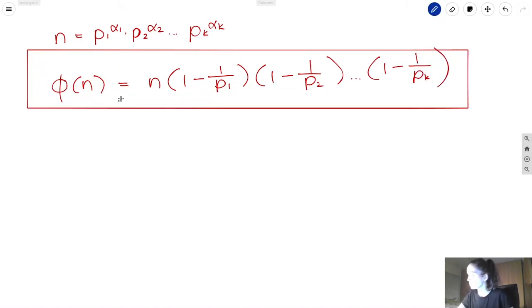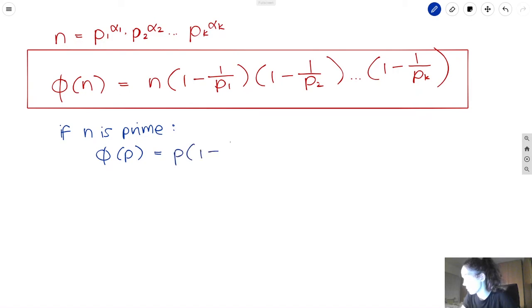So what we had for 7 and for other prime numbers is that if n is prime, then phi of p equals p times (1 minus 1 over p).